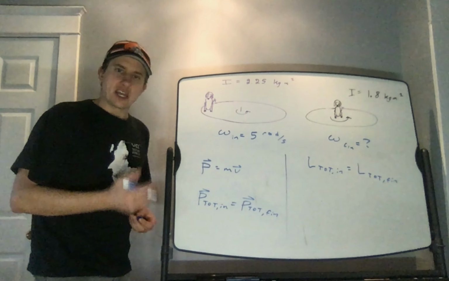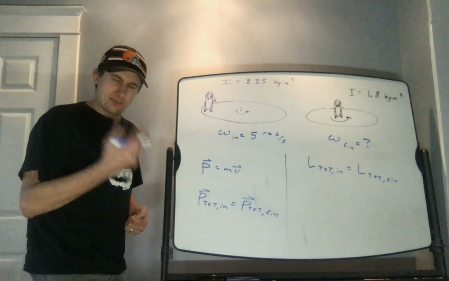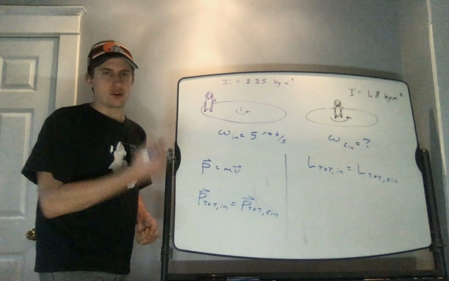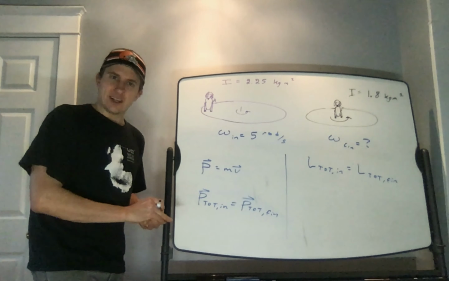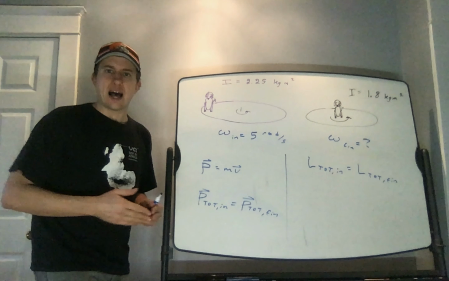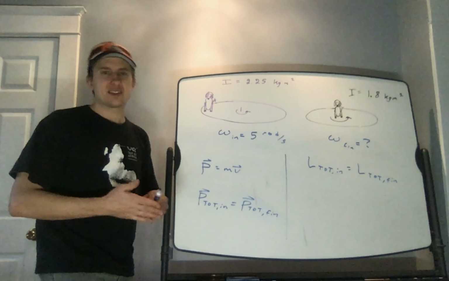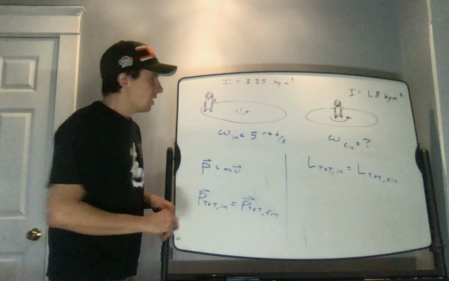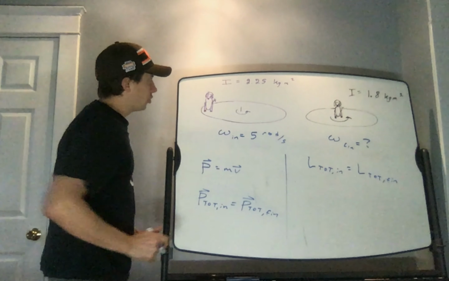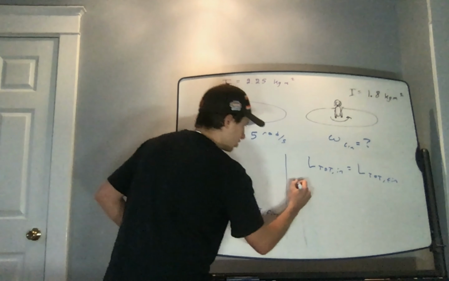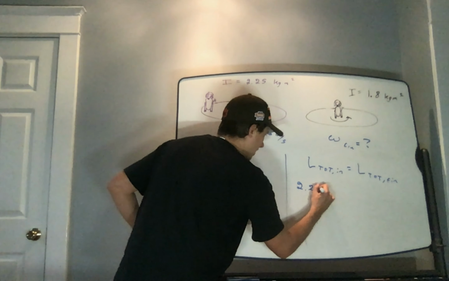Because the dog and the merry-go-round are spinning at the same rate, I could almost think of them as one single connected object, just like when two figure skaters collide and move off together, you could think of them as one object since they have the same velocity. So I would say the initial moment of inertia of the dog plus the merry-go-round is 2.25.